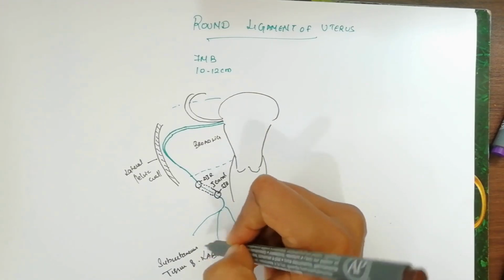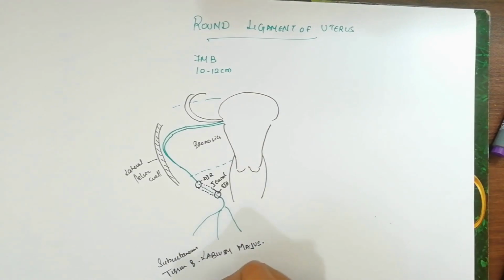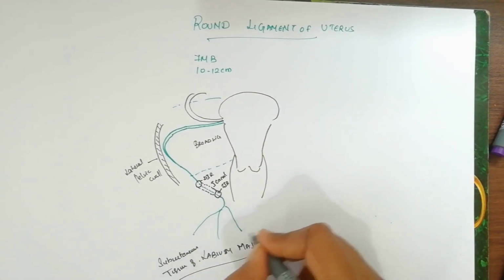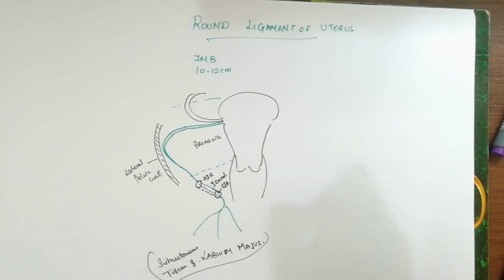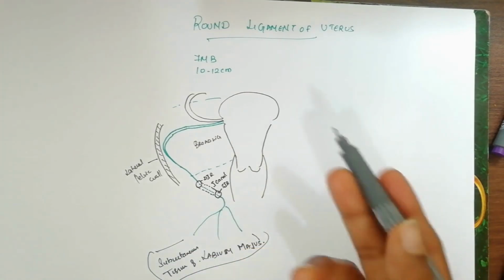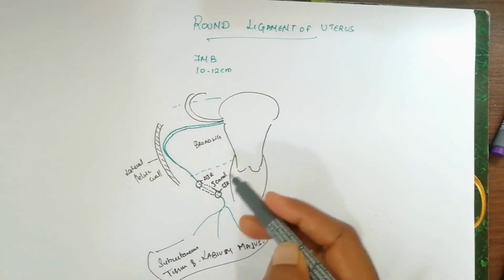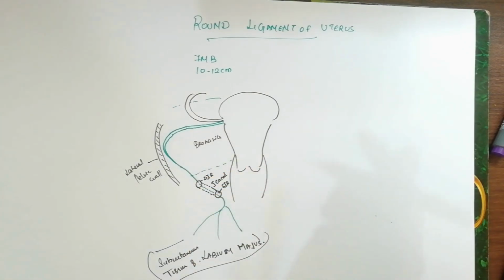At last it is getting attached to the subcutaneous tissue of the labium majus, where it ends up. So this is the course of the round ligament of the uterus, which is also holding the uterus in proper position. Now we will move on to the Mackenrodt's ligament.